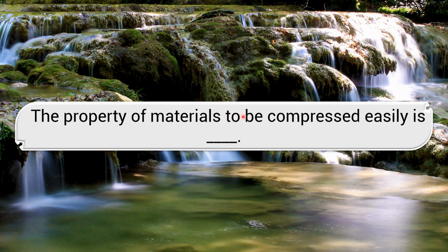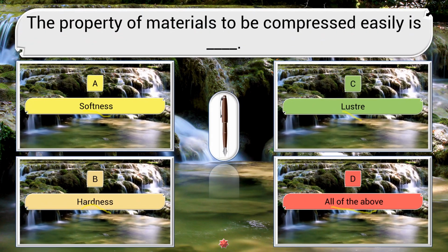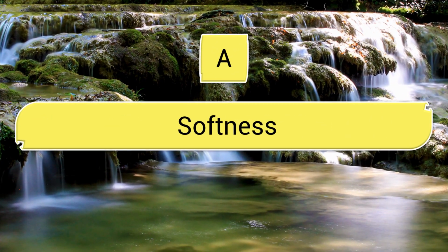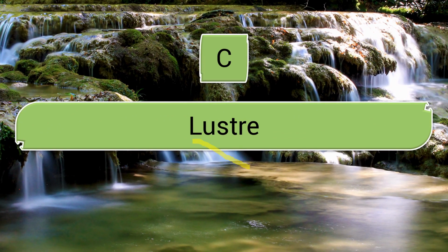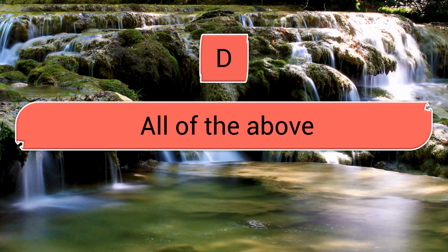The property of materials to be compressed easily is, is it softness, hardness, lustrous, or all of the above?